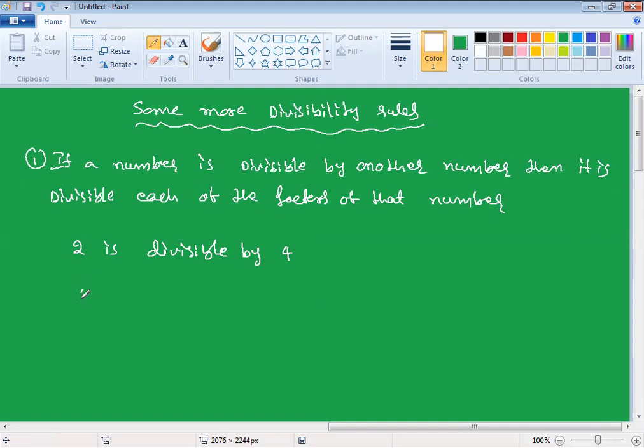What are the factors of 4? Factors of 4 are 1, 2, 4. Clearly we can divide 2 with 1, 2 and 4. So in that way we can say that if any number is divisible by another number, then it is divisible by each of the factors of that number. Okay, that is the first point.